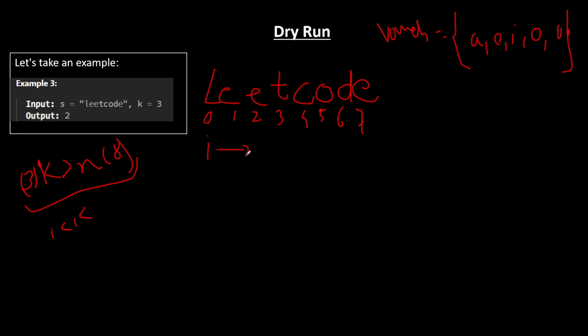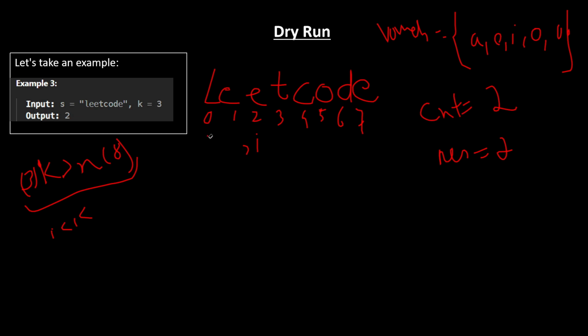The total number of vowels here is 2, so let me write count and result as 2 for the initial case, because for the first window the count and result are the same, right? And after that this is done.